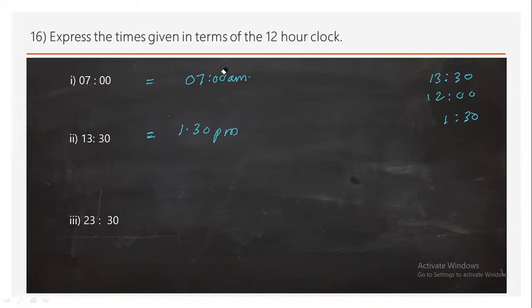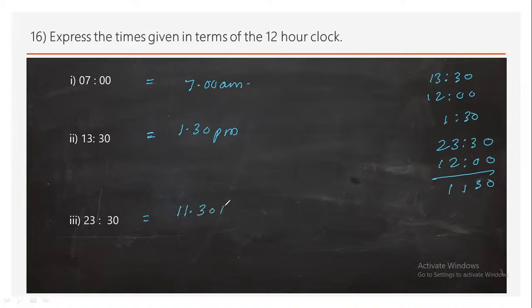Even here we can write like this. AM. 12-hour clock. 23:30. 11. You can write this as PM. 11:30 PM at night.